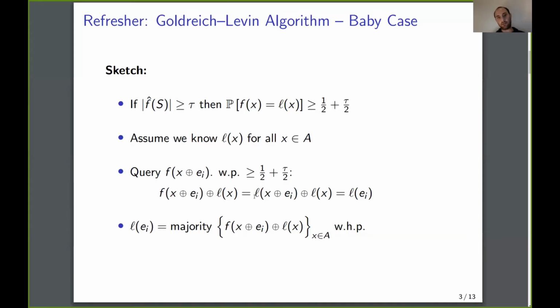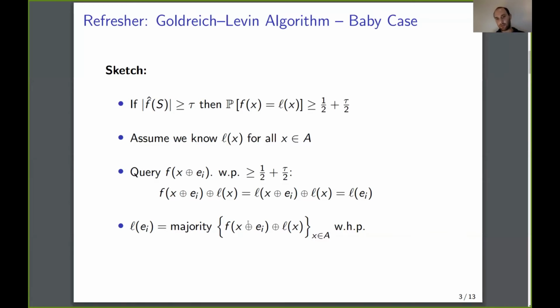Because f and L agree with high probability, this is with high probability the same thing as L of x plus ei plus L of x, which equals L of ei. So basically what the algorithm can do, because of this property, is say, okay, I want to know what L of ei is, so I'm going to take the majority over all the bits of the form f of x plus ei plus L of x.